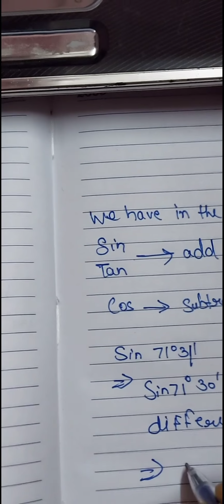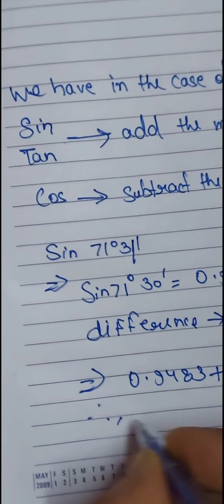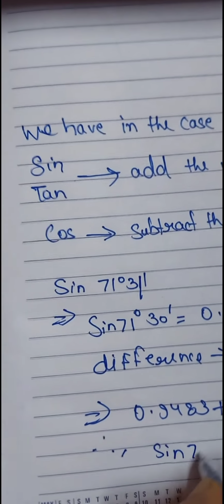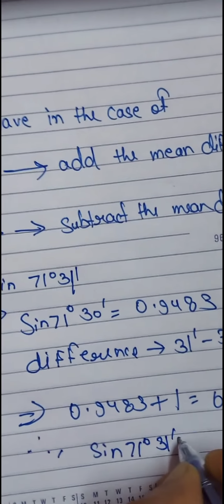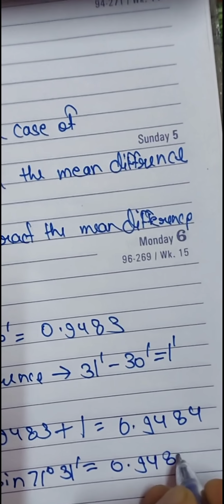So that means 0.9483 plus 1, here we will get 0.9484. Therefore sine 71 degree 31 minute is 0.9484.